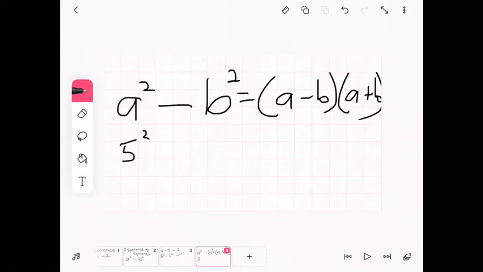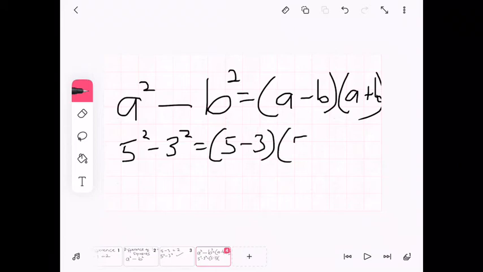Let's try this for 5 squared minus 3 squared. It's going to be 5 minus 3 and 5 plus 3.